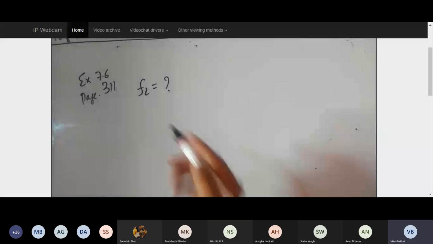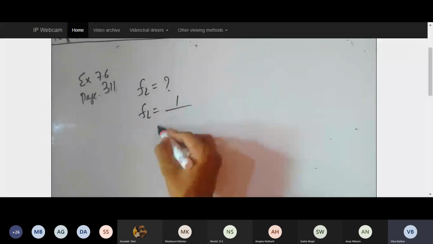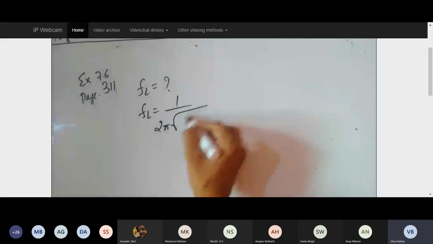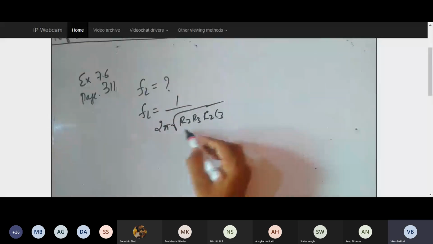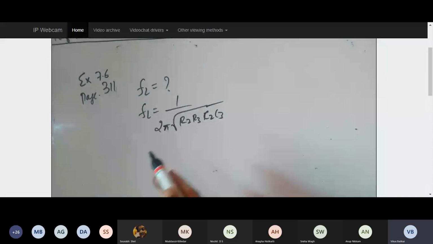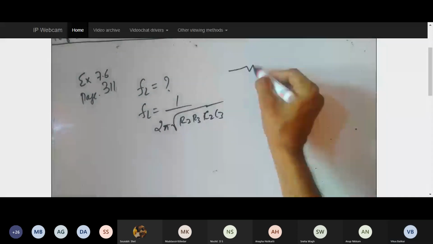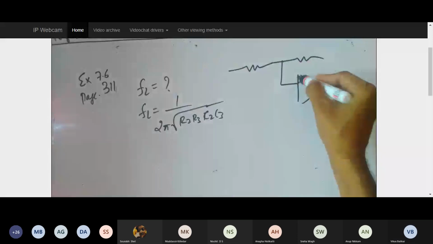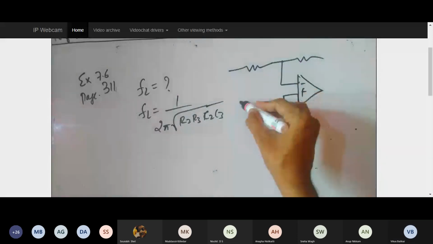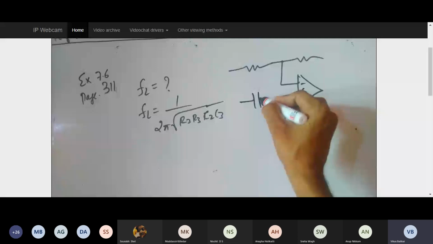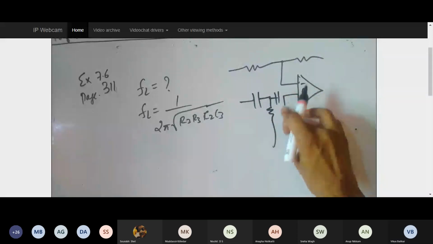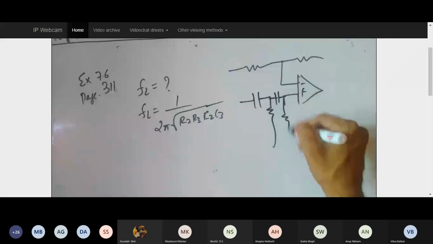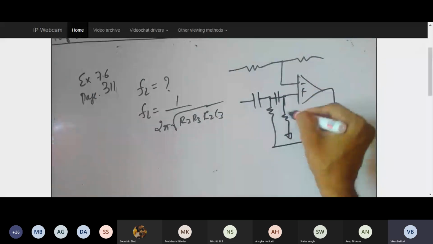To calculate this FL, the formula would be 1 by 2 pi under root of R2, R3, C2, C3. Don't ever try to write R1. R1 will be at the input side here. So this will be my capacitor, these are R2, R3, and this is my R1.